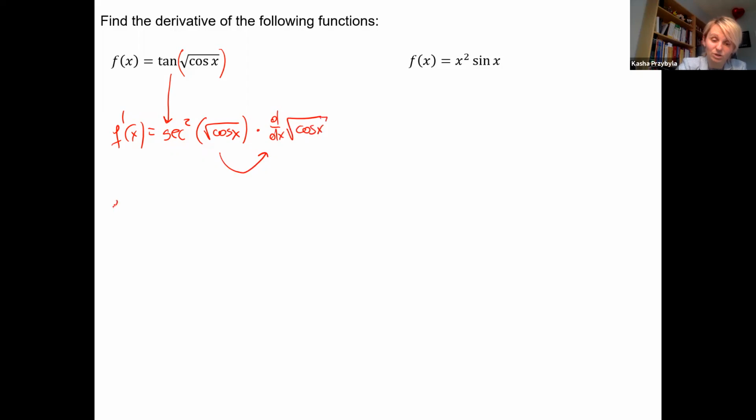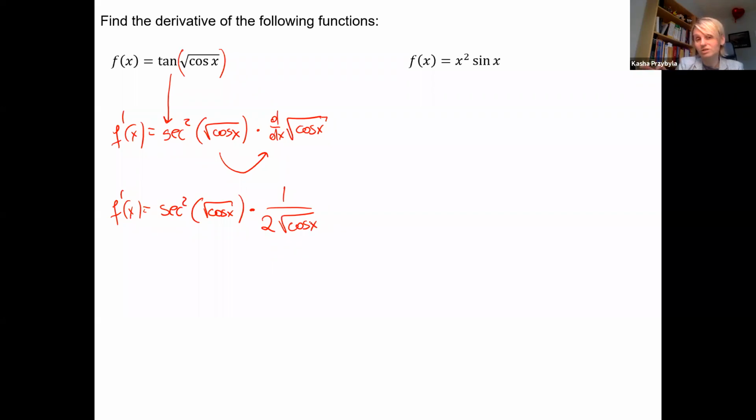That means we can copy secant square. That's done. Now, what's the derivative of square root? You remember me saying derivative of the square root is 1 over 2 square roots. 1 over 2 square roots, and also identical. It's the same like the angle.